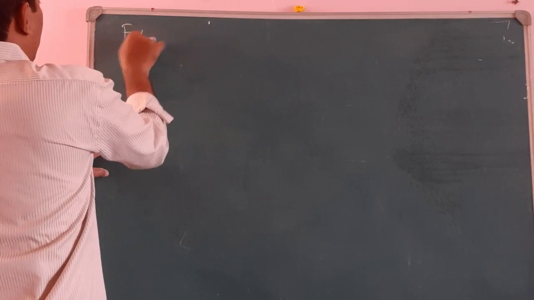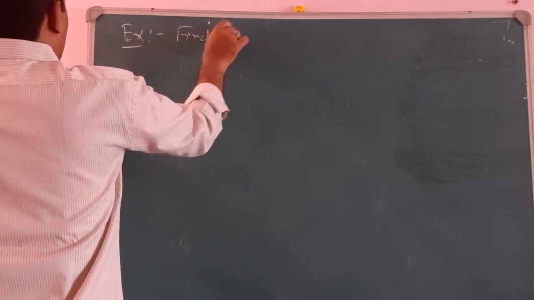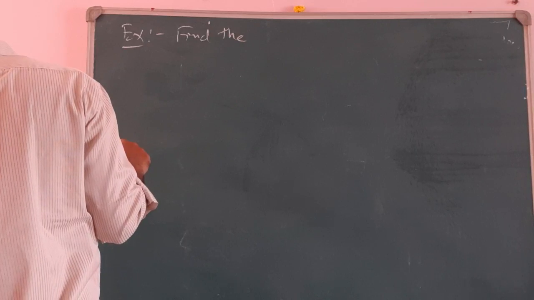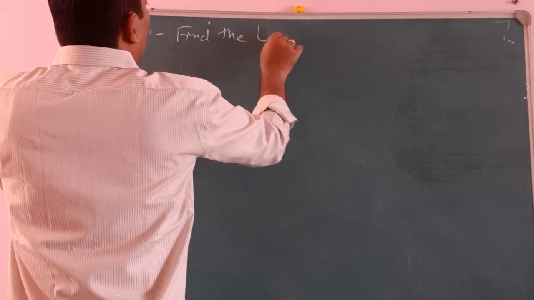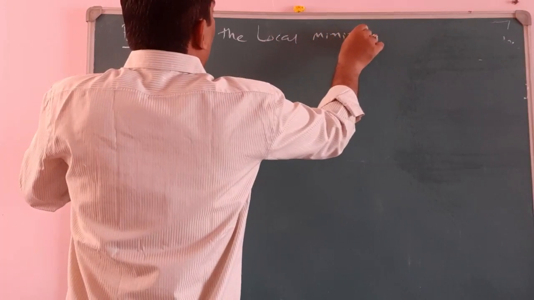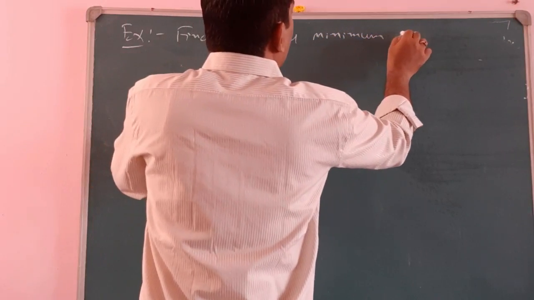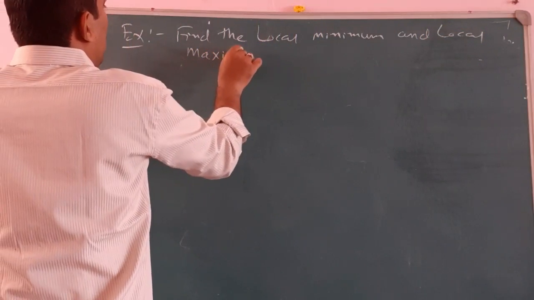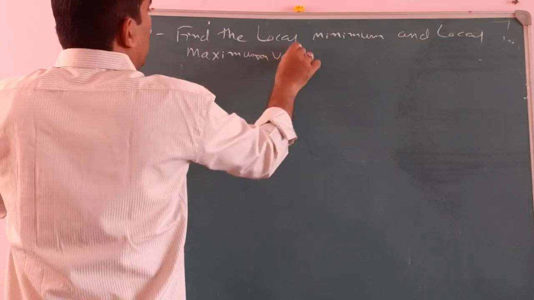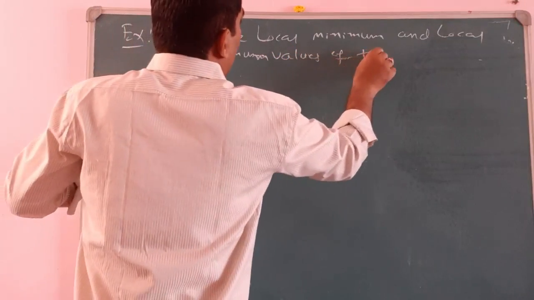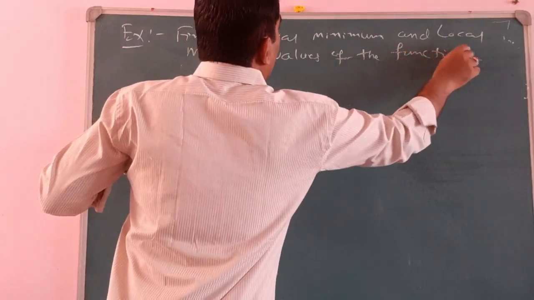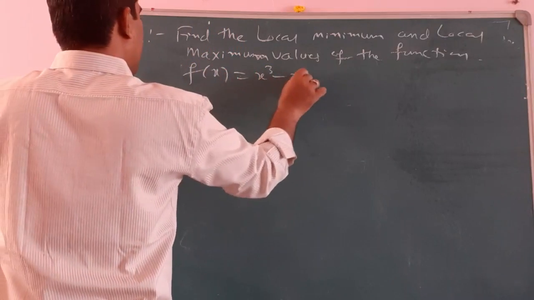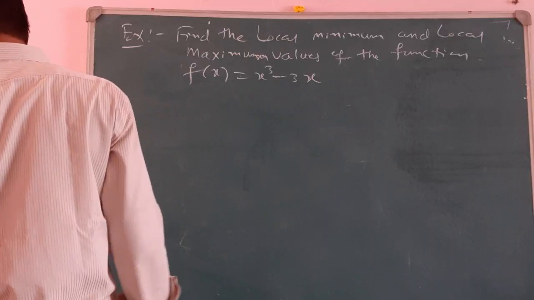Okay, let me write one example. Find the local minimum and local maximum values of the function f of x is equal to x cube minus 3x.